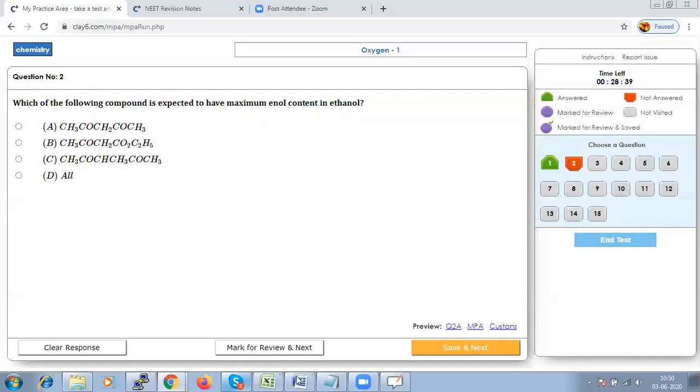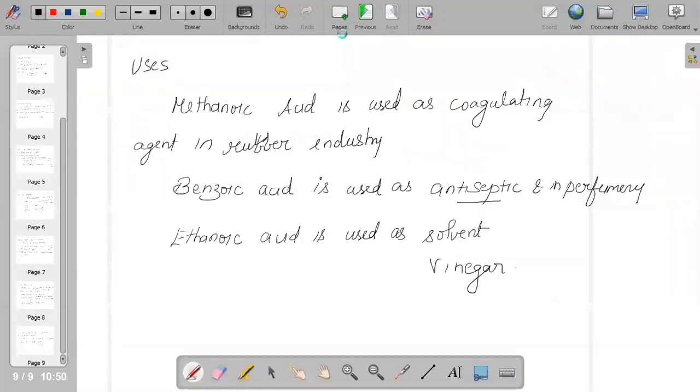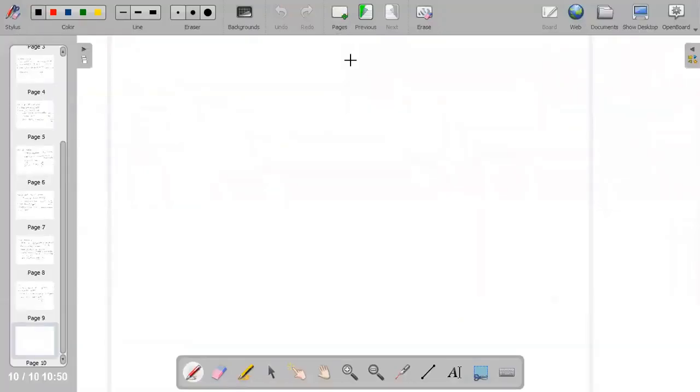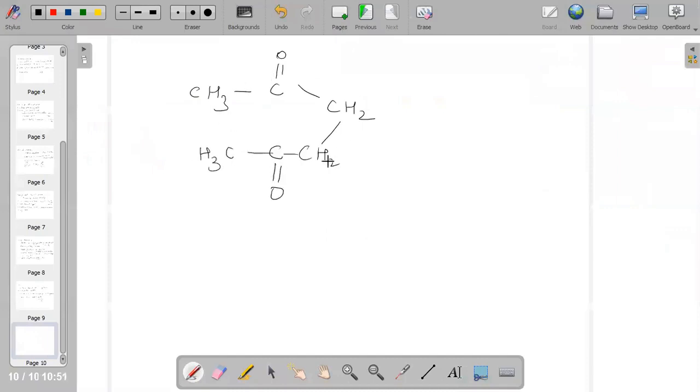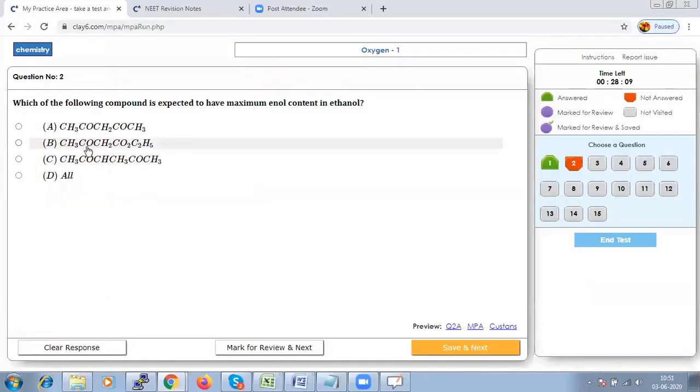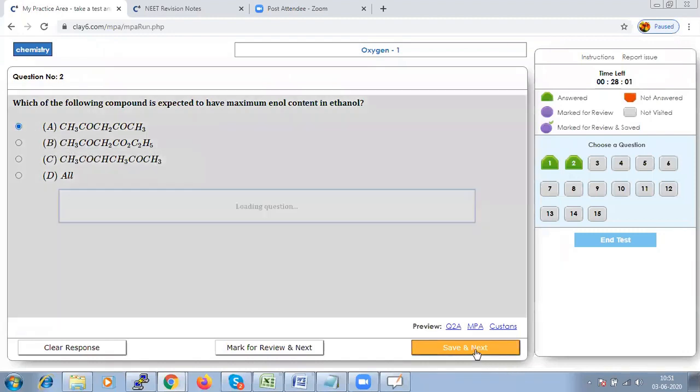So when we expand the structure of the given option, we can say that the structure should be CH3, C double bond O, single bond CH2, C double bond O, CH3. Hence, it is important that we have two carbonyl groups attached to the CH2. So from the given options, option A should be the right option. Let us save that and go to the next question.